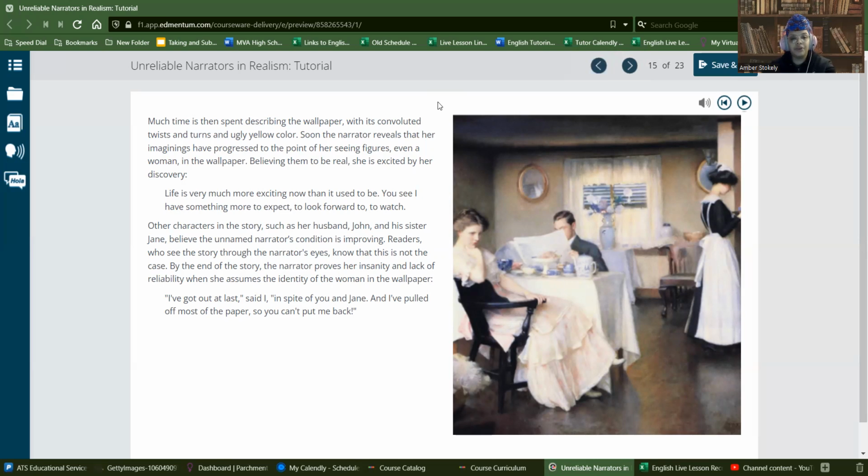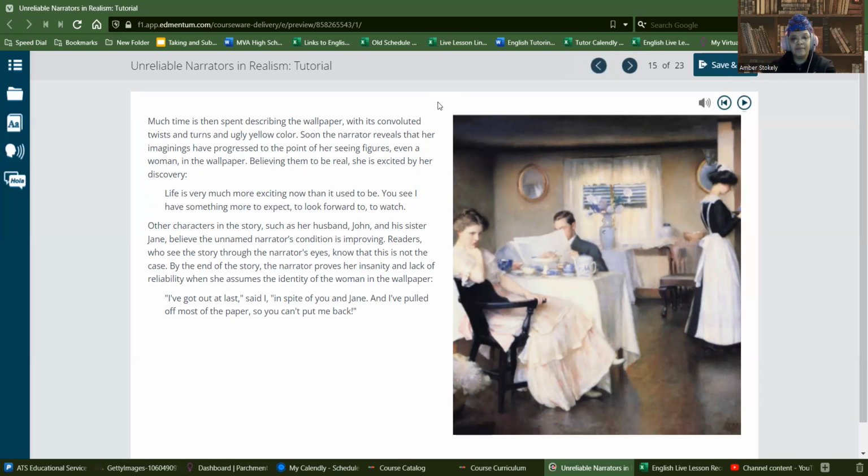At the point of the story where you get to this, she's going crazy from being trapped in her room so much that she's excited to know that there's another person in the wallpaper. Now, as soon as you get to this point, you're just kind of like, yeah, she's nuts. It becomes very obvious very quickly after she starts examining the wallpaper very closely.